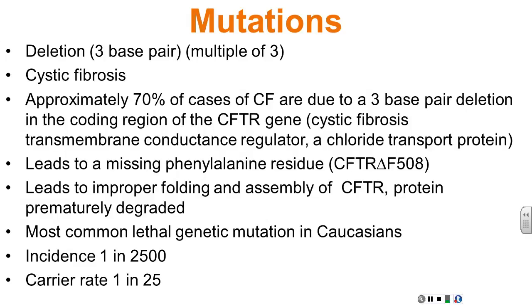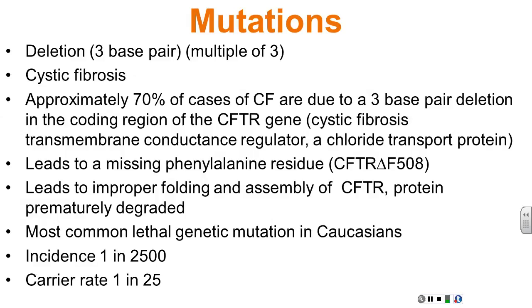This is a very high-yield disease for board exams. They expect you to know just about everything with cystic fibrosis. So I'm going to fill you in on a little bit of the story, but certainly you're going to expand upon it in other classes. The incidence is 1 in 2,500, which for a lethal genetic disease is incredibly high.